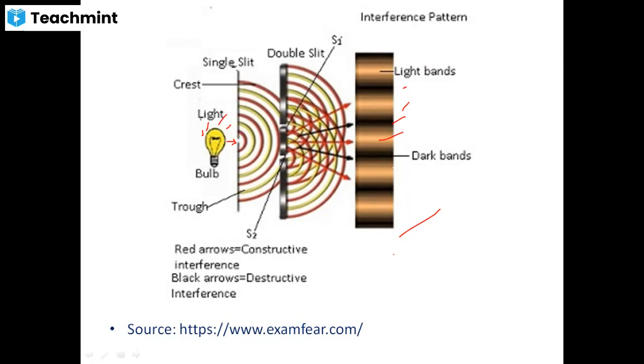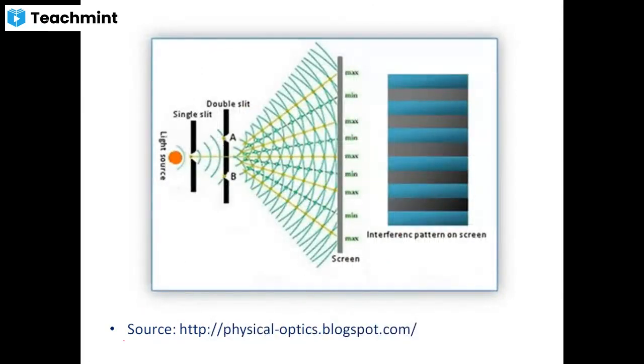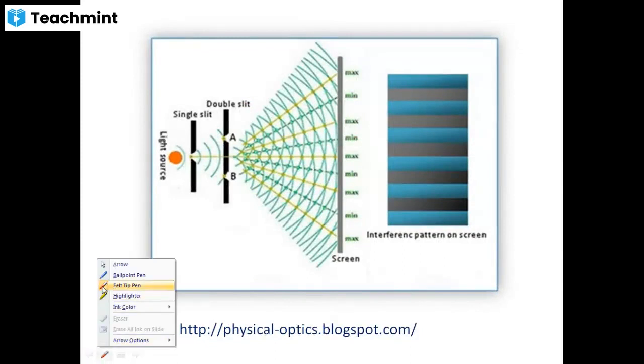By this experiment, the scientist Young demonstrated for the first time the wave nature of light. Why do we say wave nature of light? Because, let's assume for a moment that light is traveling like a ray.